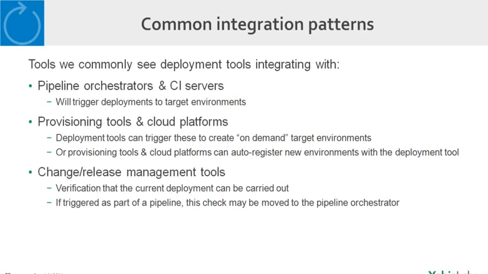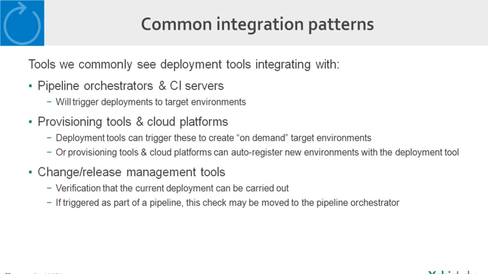And then, from a slightly less technical perspective, change and release management tools come into play quite often here. Before I kick off this deployment, I want to verify that I have a change ticket, that it's been approved by the right person, that the time window matches, and all these kinds of things.